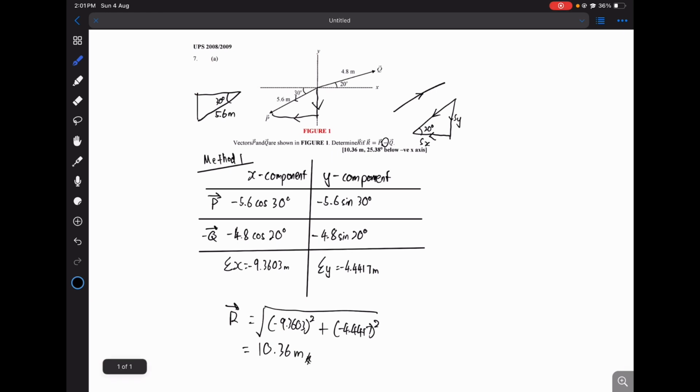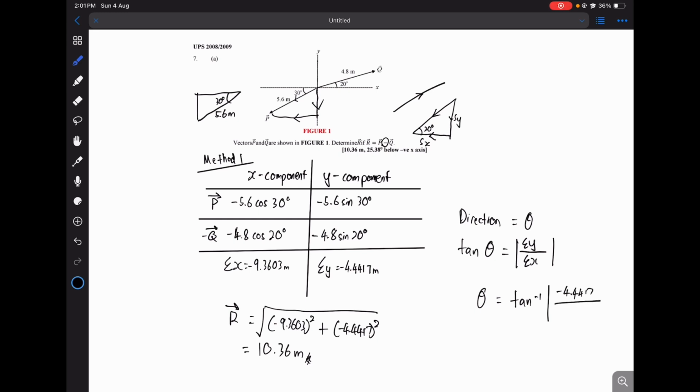And to find the direction, if you remember, tangent theta equals the modulus of the total y component divided by the total x component. Hence, theta equals negative 4.4417 divided by negative 9.3603, modulus. Then you can press the calculator and find the answer.